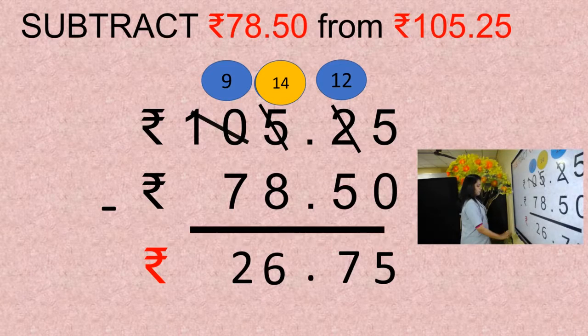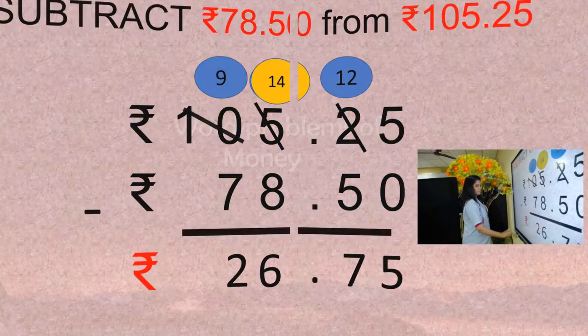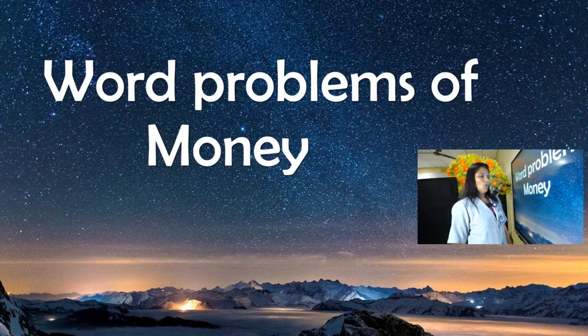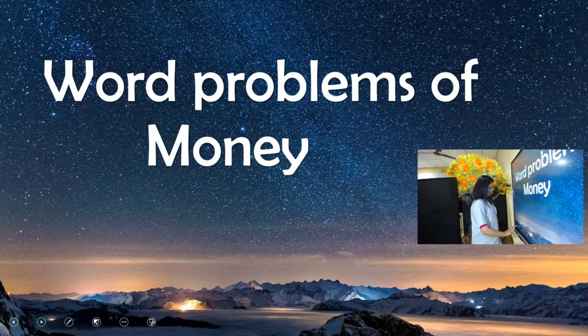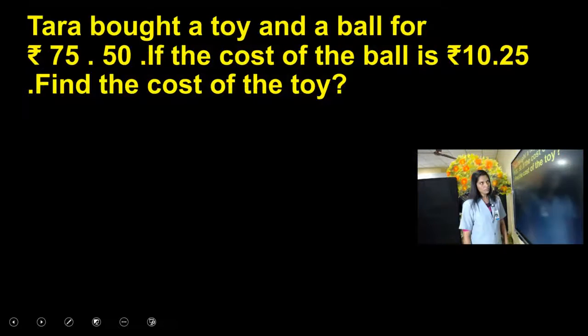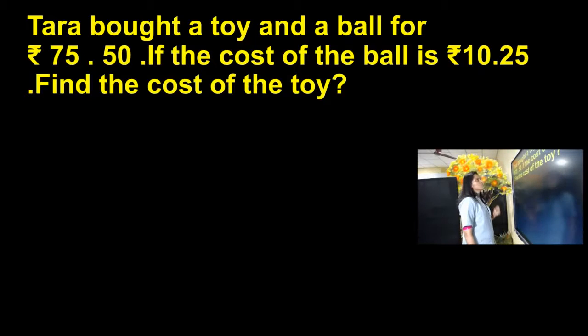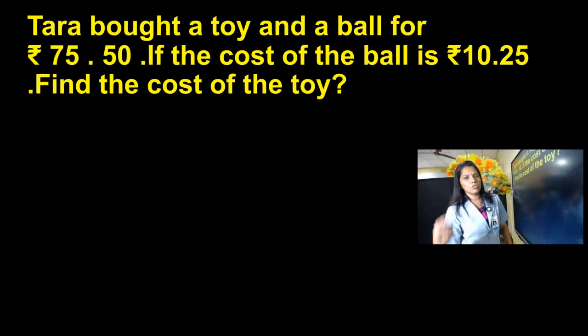Okay. Now next we have to learn the word problems of subtraction also. I'll give you one question. The first question is: Tara bought a toy and a ball. You should know the meaning of the question first.